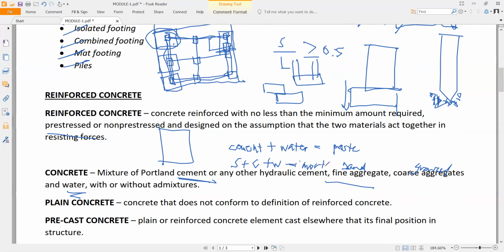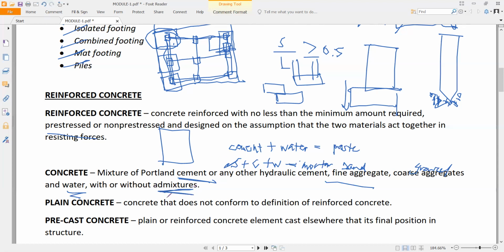Mortar. Okay? That is your mortar. So usually sa mga CHB, yung palaman sa CHB, that is mortar. Pagka meron ng sand, gravel, water, and cement, that is your concrete mixture na.